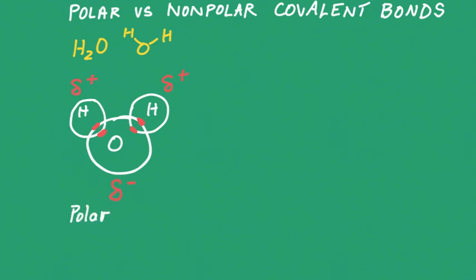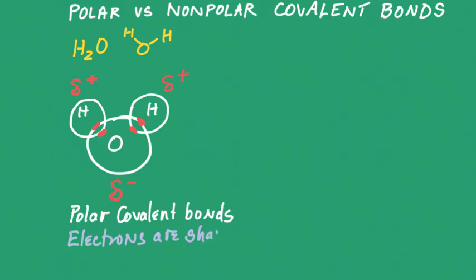So here we have a polar covalent bond because there are opposite poles that are formed in the molecule that's made as a result. Electrons are shared unequally. That's what we need to remember. Let's compare this to a non-polar covalent bond.